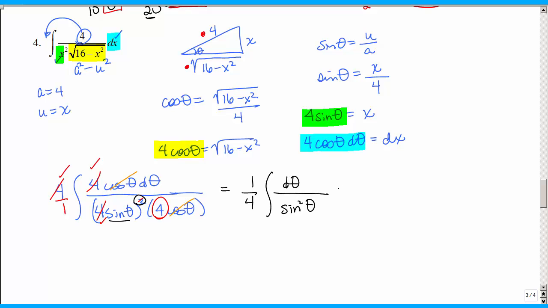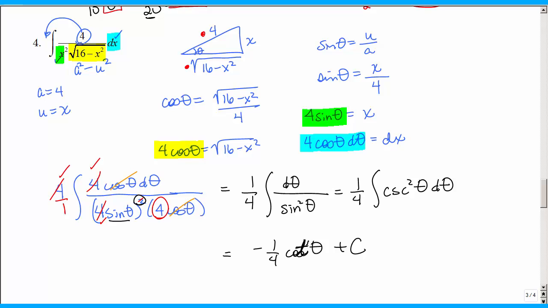What's that? Well, what's the reciprocal of sine? Cosecant. Should I know how to integrate cosecant squared? Yes, I should. It is on one of my lists of my basic integrals, and it is negative cotangent theta. Oops, not cosine, cotangent theta. So I have to go find out what the heck cotangent is.